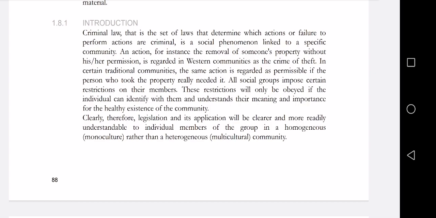Clearly, therefore, legislation and its application will be clearer and more readily understandable to individual members of the group in a homogeneous monoculture rather than a heterogeneous multicultural community.